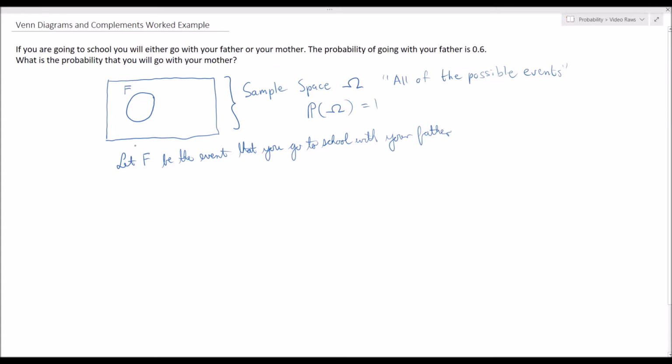Then there are also days where you will not be able to go with your father and instead you'll be going with your mother. So you will let M be the event that you go to school with your mother.